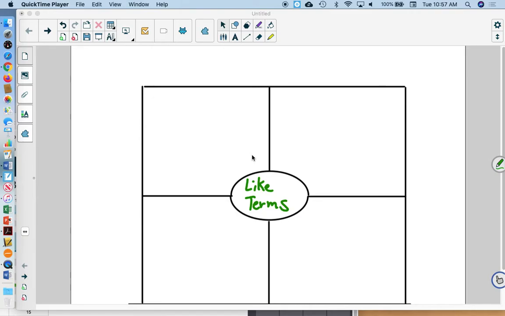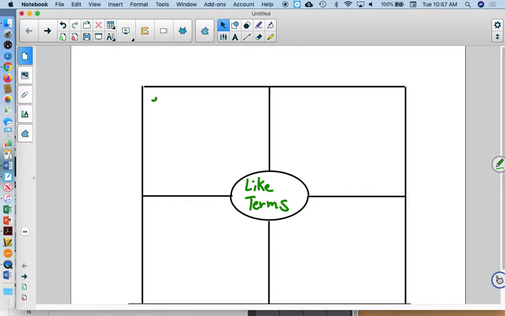What do we know about like terms? What do we know about, say, the definition? Terms that have the same variables raised to the same power. Is that the definition?